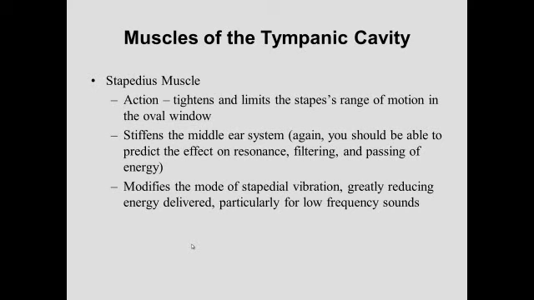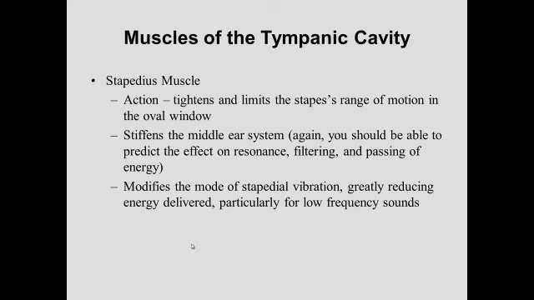This is probably a bigger deal for some of our mammalian friends like lions, for example, which can roar quite a bit louder, at quite a higher level of output than we can talk or even shout. And it turns out that in mammals, the stapedius muscle will contract just before they are about to vocalize.